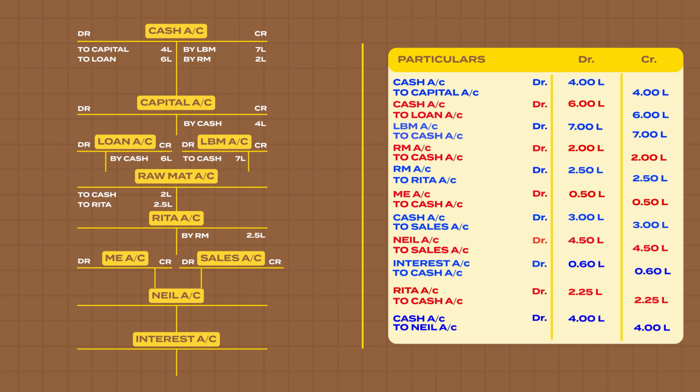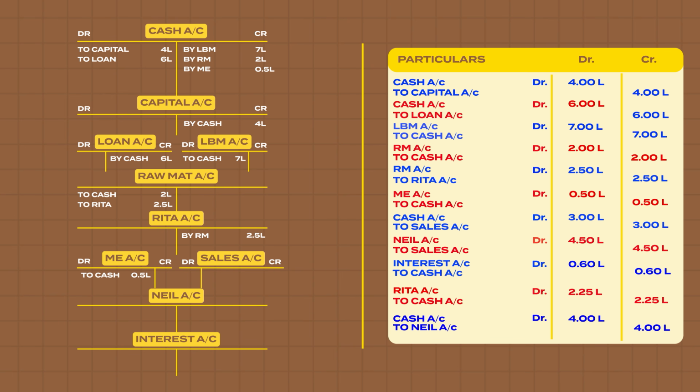Next transaction is manufacturing expenses account debit to cash 50,000. So in manufacturing expenses account on the debit side to cash 0.5, in cash account on the credit side by manufacturing expenses 0.5. Next transaction is cash account debit to sales 300,000.